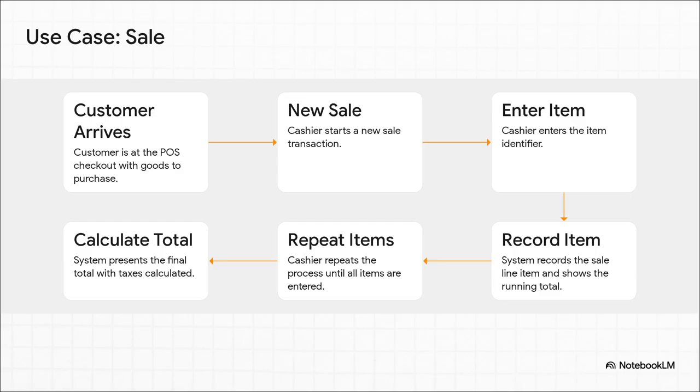Now, listen to the words we're using just by describing this. Customer, sale, item, total. These aren't random words. They are popping right out of the real-world process. These are the seeds of our ubiquitous language. And see that last step, system calculates tax? That's a classic example of a domain service at work, coordinating everything to produce a final result.